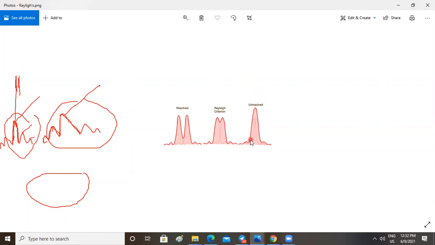Here you see in the dotted lines, the principal maxima of one object overlapped with the principal maxima of the second object. Then we cannot say those two are separate lines. We see an intensified image, the resultant intensity increases, and we see it as a single object. This is Rayleigh's criterion, the minimum requirement.